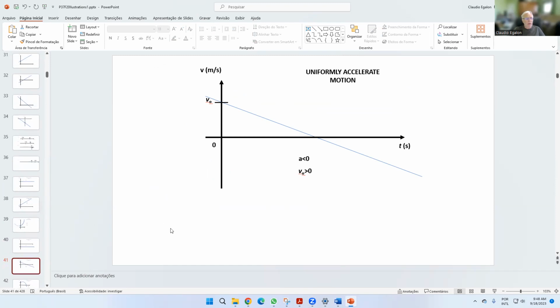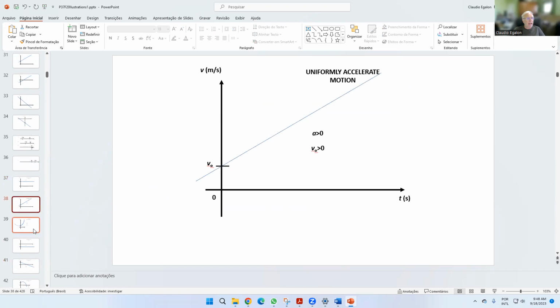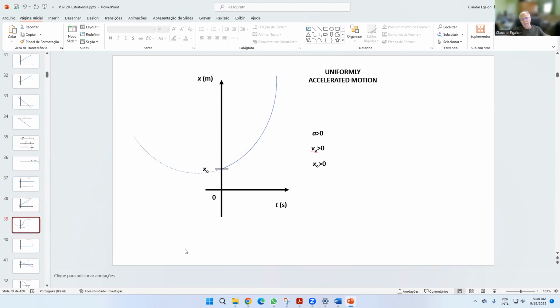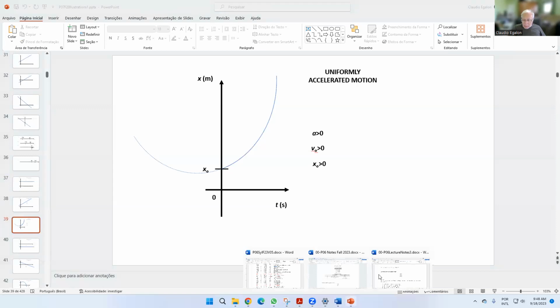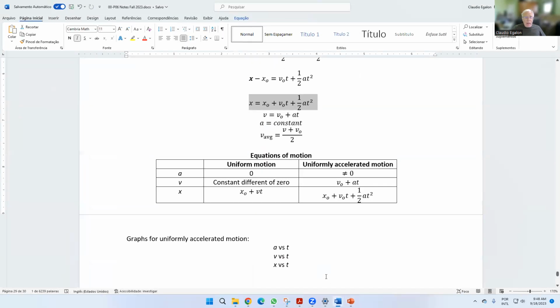So you can start thinking how it looks like for A positive, V naught negative, X naught positive, right? You can start thinking how it looks like for those cases and many others, not just those. That's what we have for the equations of motion. Let's go back here and okay, here you go. A versus T, okay.